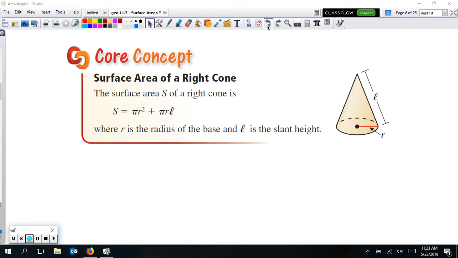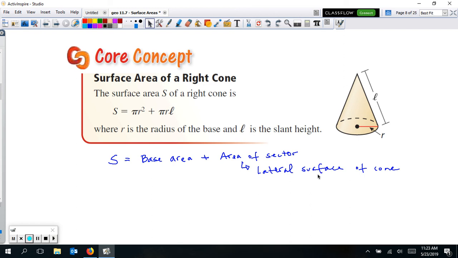So basically the surface area is the base area plus the area of the sector. That sector really is the lateral surface of the cone. Where r is your radius, L is the slant height of this cone.